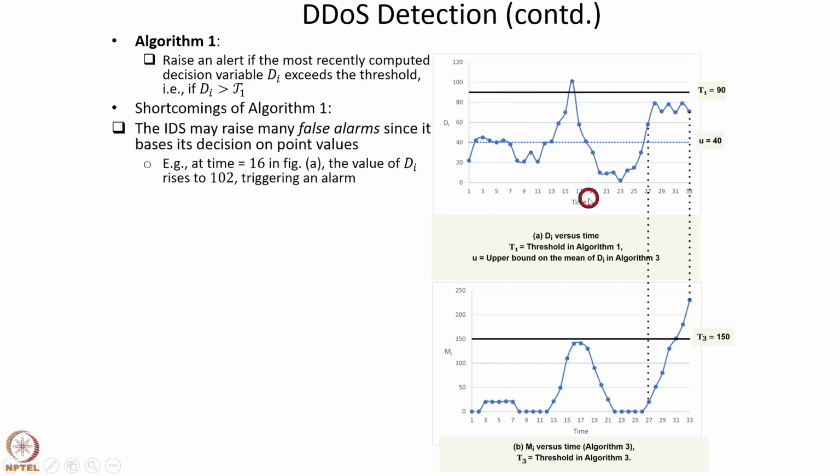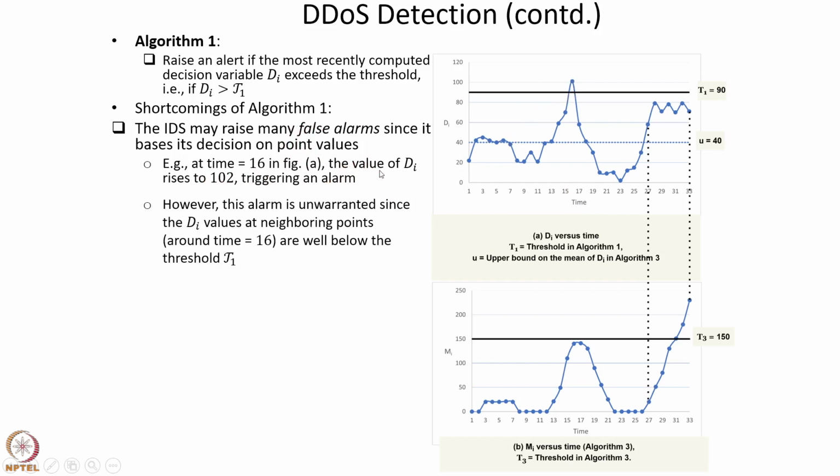At time 16 in this figure, the value of Di rises to 102, as shown here. This triggers an alarm. But this alarm is unwarranted because the Di values at neighboring points around 16 are well below the threshold tau 1. So this is a false alarm raised by algorithm 1. Hence algorithm 1 has this shortcoming.